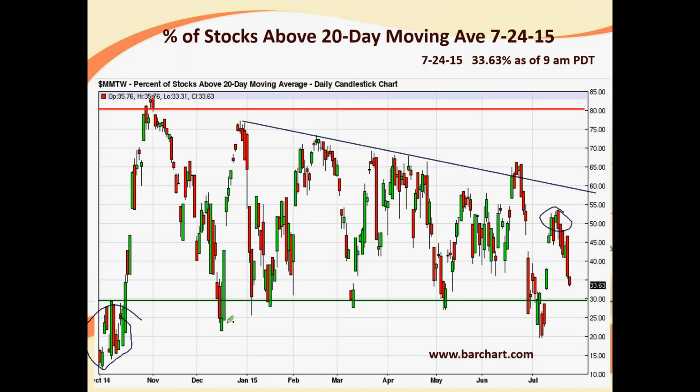Since then, every move up has not resulted in a new high, except for that little Pinocchio above the downtrend line earlier in the latter part of June, and now we're falling back down. Where will we stop down here? We don't know at this point, but we'll be watching that to see if we get some new alerts going. But nothing surprising there, is it, Mike?